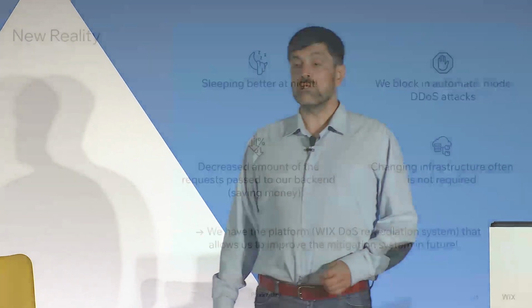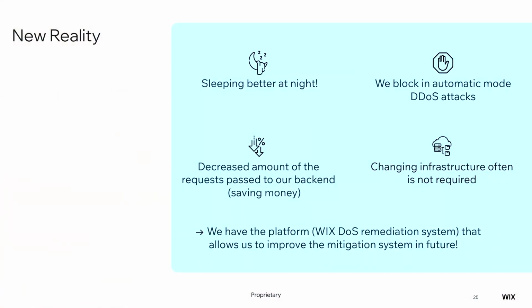What we already achieved. We are sleeping better at night, it's very important. We block in automatic mode big DDoS attacks without negative impact to our backend and to our clients. We decrease the amount of requests passed to our backend and save money, a lot of money, because we don't need to scale up our backend during the DDoS attacks now.